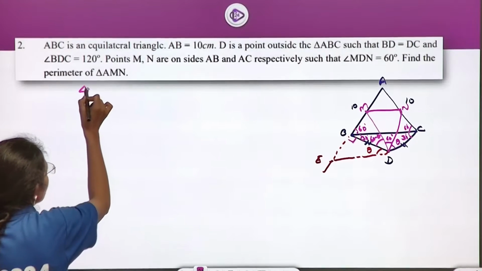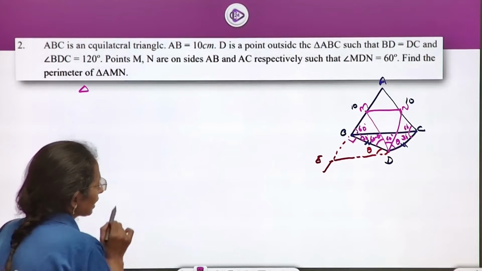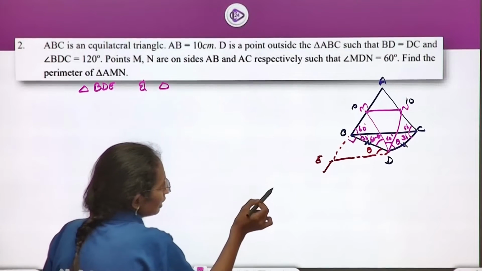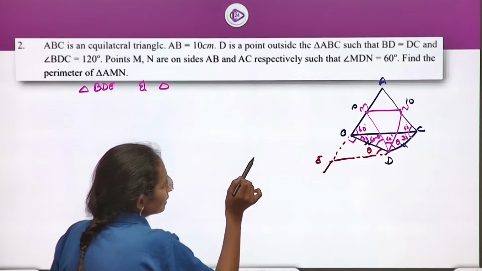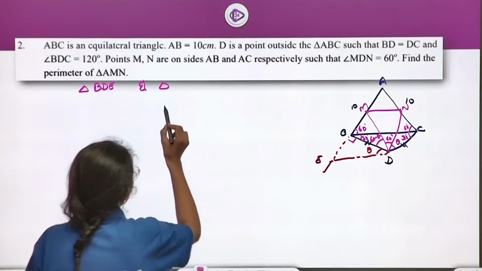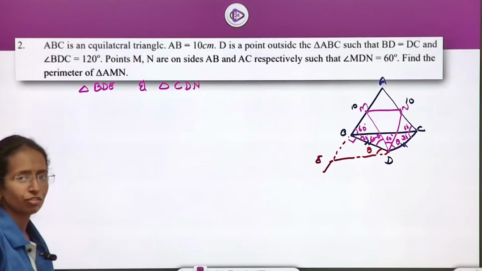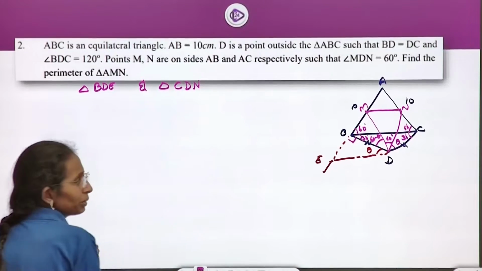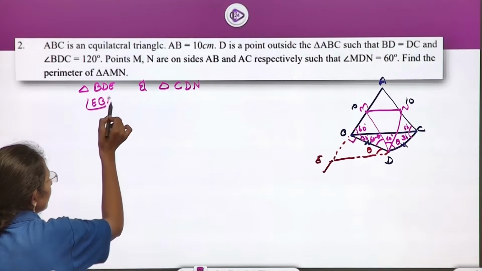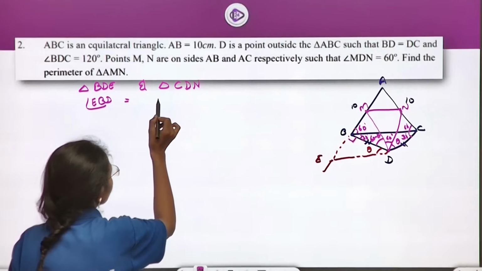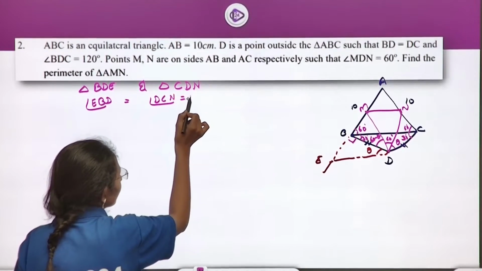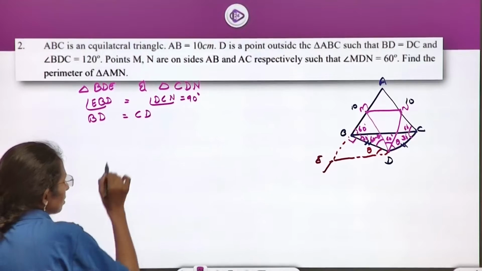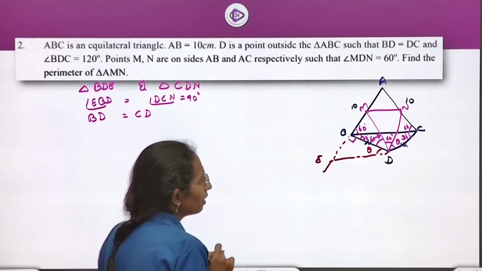Now taking these two triangles, triangle BDE and triangle CDN, we can see first of all angle EBD is equal to angle DCN, that is 90 degrees each. Then we know that in the two triangles BD is equal to CD, because it is given to us that the BD and DC sides are equal.